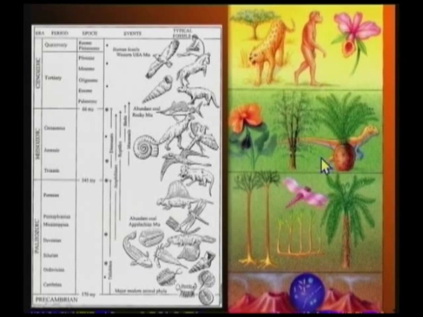Now, the question we have to ask ourselves today is, does this fossil record necessarily, absolutely support the evolutionary paradigm, or does it not? It appears that the primitive organisms, so they say, are associated with the lower layers, and the more advanced organisms, like the mammals and the birds, are associated with the top layers, and this is used as evidence for change over time.